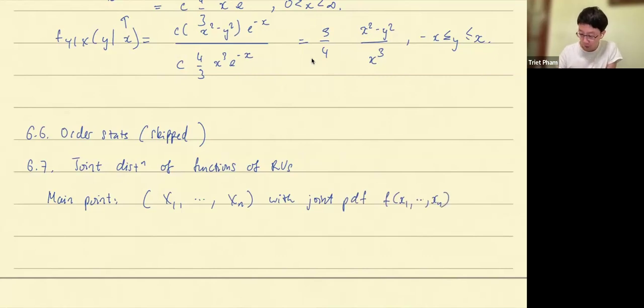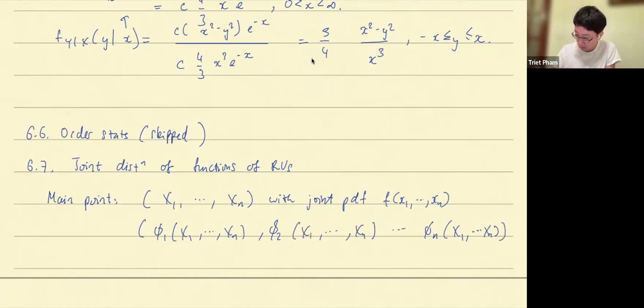Now you will transform this into, let's say, functions phi1, phi2, etc., up to phi n, applied to x, and you just call this, for example, y1.